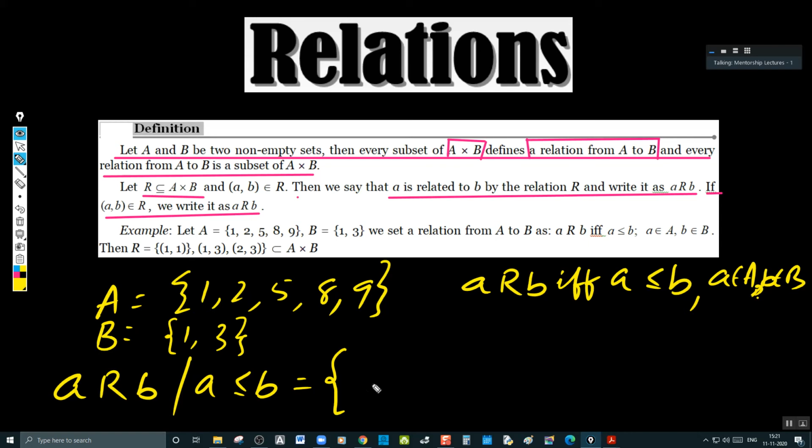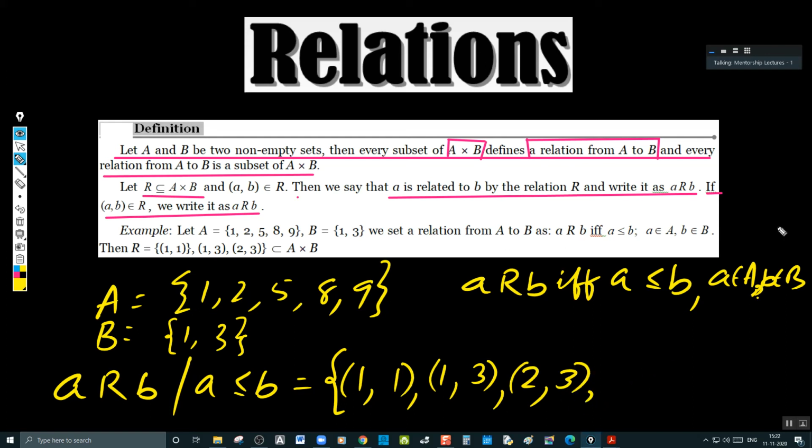Choose a equal to 1. You can take (1, 1). You can take (1, 3) also, because a is less than or equal to b. Let us start with 2. You cannot write (2, 1), but you can write (2, 3).